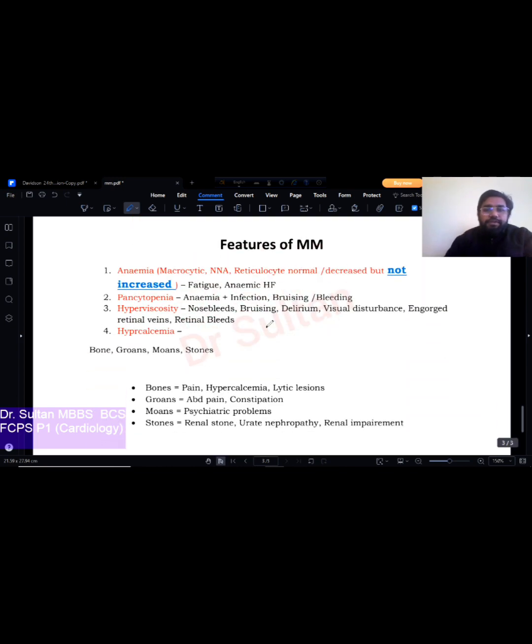Now, the features of multiple myeloma. So the features can be summarized in a simple way. Okay, as the people can have anemia, so there will be features of anemia. Like there can be generalized weakness, fatigue, there can be anemic heart failure also. So what type of anemia do you find in multiple myeloma?